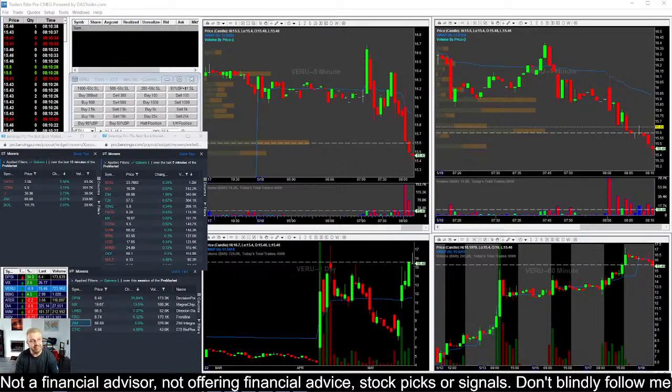Go back to the patterns if you find it difficult to spot the patterns. Go back to the strategy if you're finding it difficult to stick to the strategy. Print it off. Stick it up on the wall next to your desk, whatever it is. Have it right at hand.